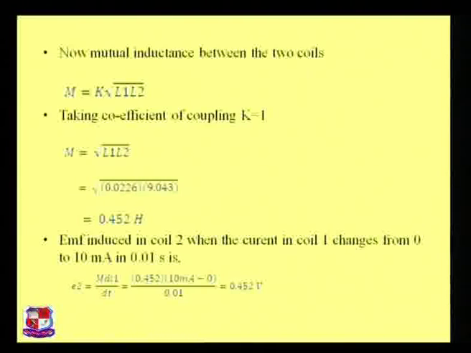When we discussed the coefficient of mutual inductance, we derived this formula E2 is equal to M di1 by dt, where M is the mutual inductance, di1 is the change in current, and dt is the time taken by the current. So here by putting these values, we can find E2 is equal to 0.452 volt.